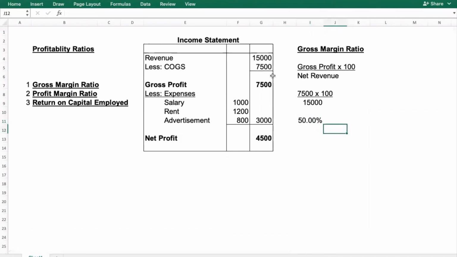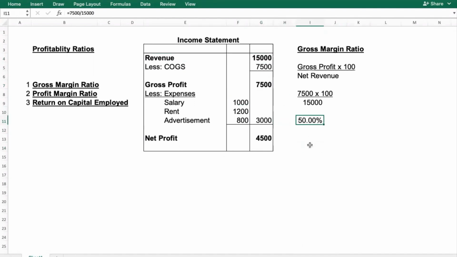It means my gross profit, which is 7,500, is 50% of the revenue.